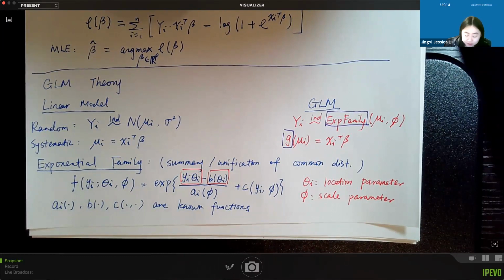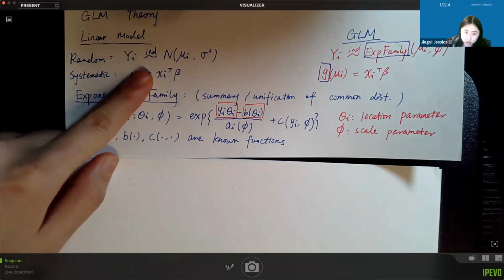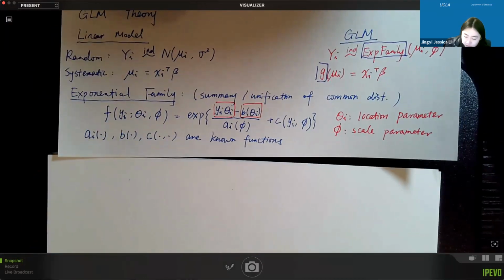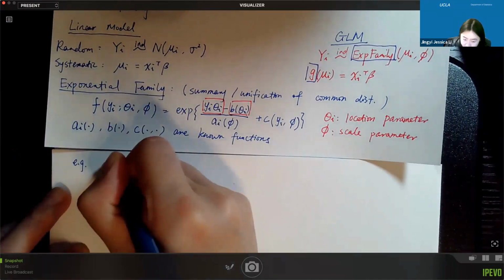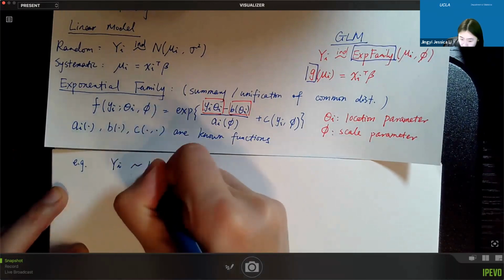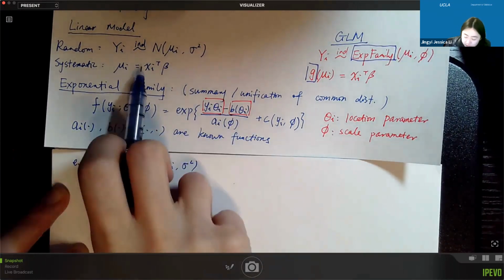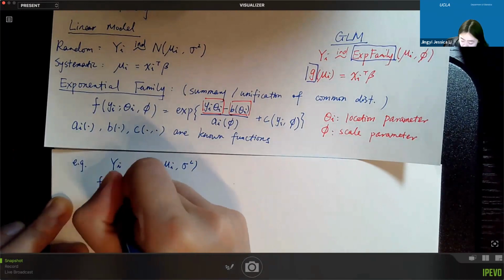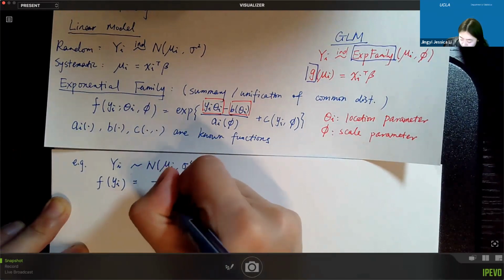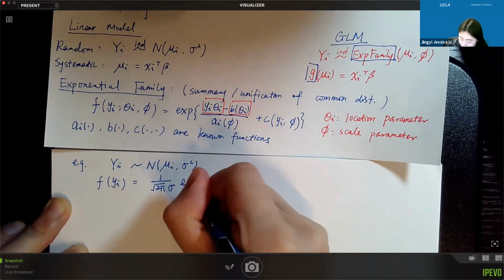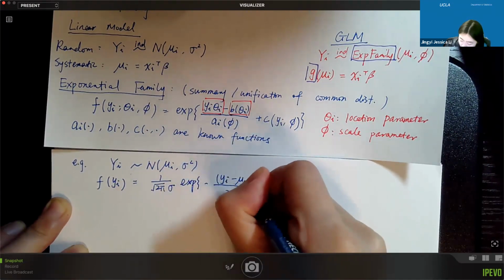Okay, so think about the normal distribution, or the Gaussian distribution, in the linear model. We can see the normal distribution is a special case of the exponential family. So if we think about yi, it follows a normal distribution with mu i and sigma squared. That's the random structure in the linear model. Then we can write f of yi. We know its form is 1 over root 2 pi sigma squared, times exponential of minus (yi minus mu i) squared over 2 sigma squared.